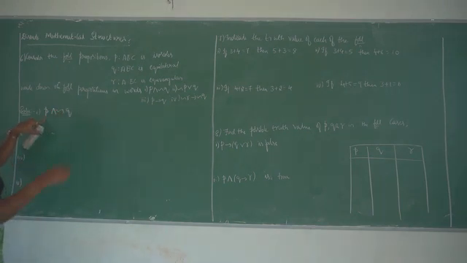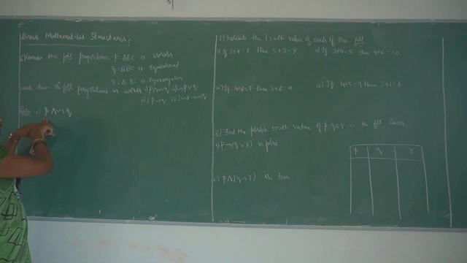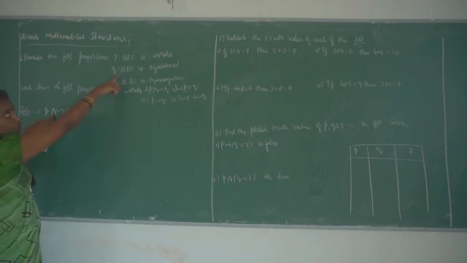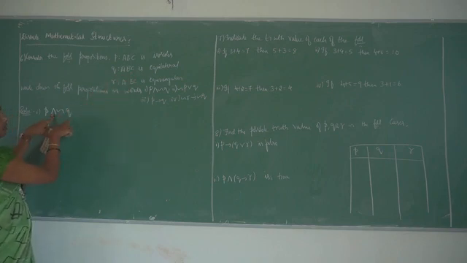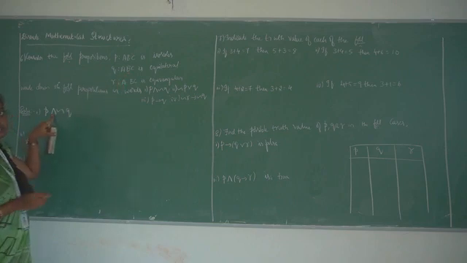This statement P is ABC is isosceles, and not Q is there. Q is ABC is equilateral, so not Q is ABC is not equilateral.